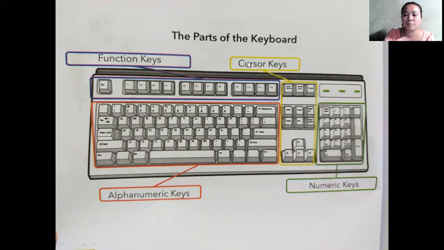Another group is the cursor keys. We have also the numeric keys. And the alphanumeric, where you can find the letters. Again, the 4 parts of the keyboard: function keys, cursor keys, numeric keys, and alphanumeric keys.